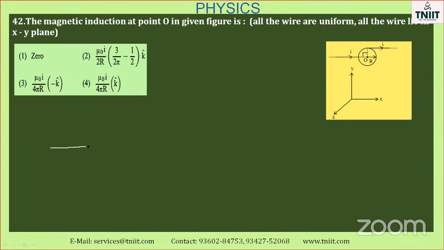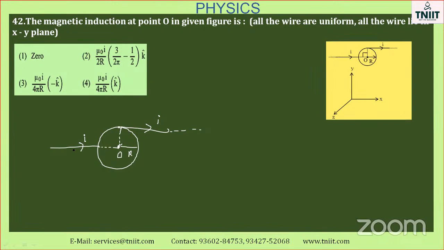This wire is moving like this, current I. This is coming and it is passing the point O. There is one semicircle of a certain radius R. And this is going like this. Current is I and it is moving infinitely long. What is the magnetic field at the center?